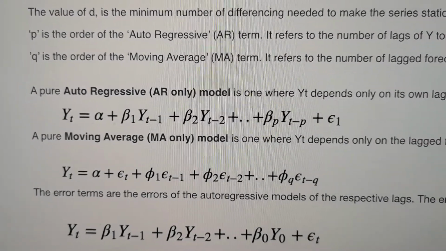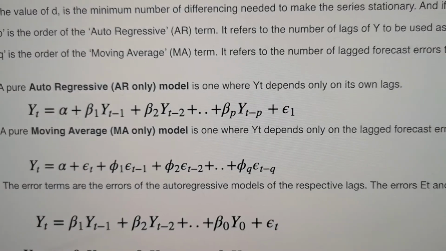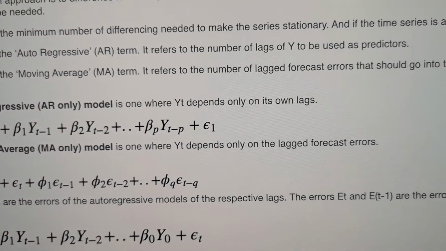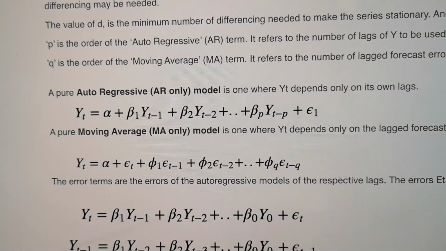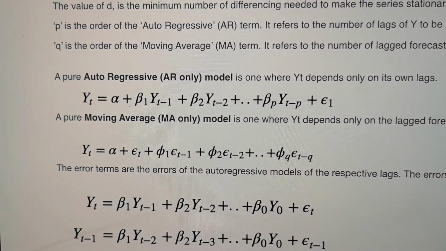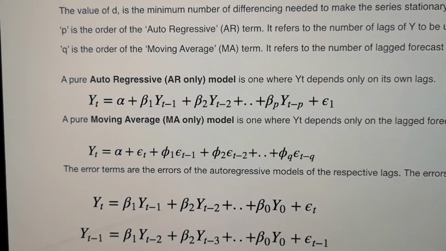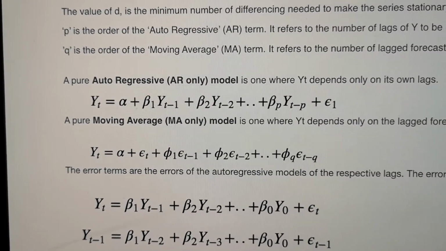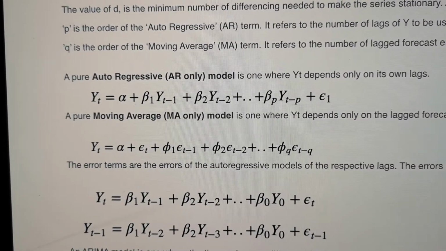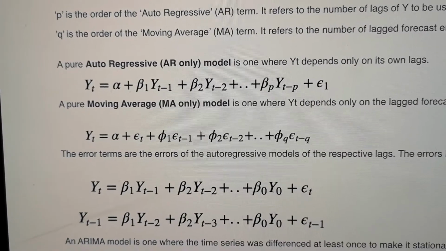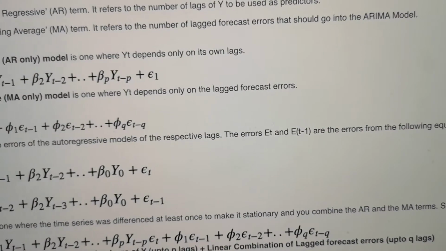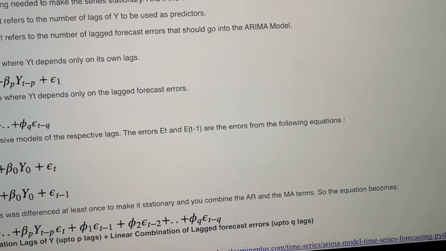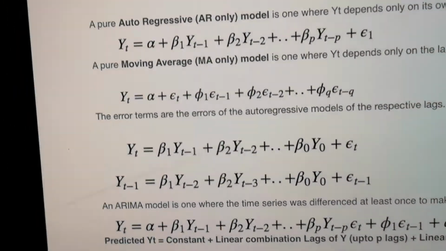The pure moving average MA model is one where Yt depends only on the lagged forecast errors. For example, here the Yt is only related to the error terms. And the error terms come from the AR model of the respective lags. So here you can see the following formulas, how you get them.